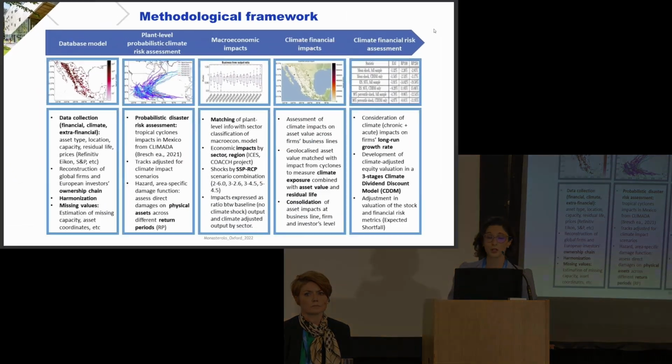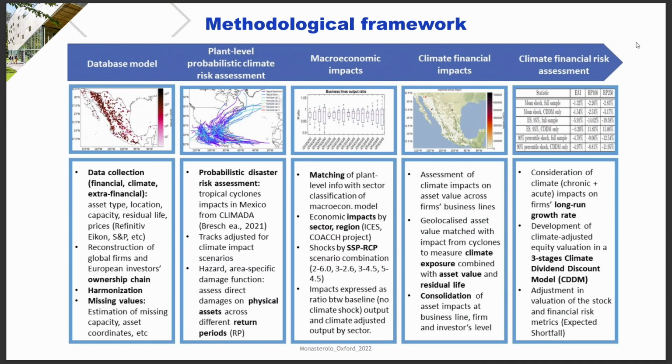Here is the framework. From the left, we start with the development of a database model to logically connect climate, financial and non-financial information at plant level, so asset type, using only publicly available information, so information that can be retrieved from Standard & Poor's, Refinitiv, and so on, from which different bits of information for the same plant are standardized.